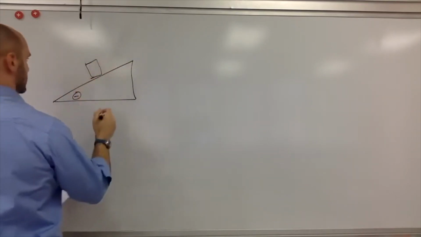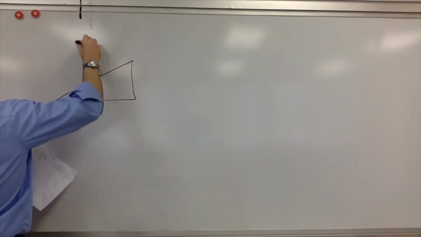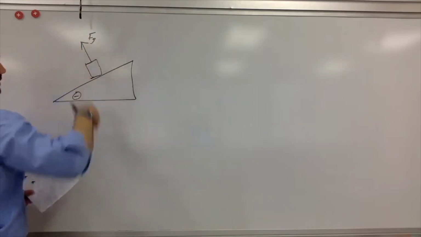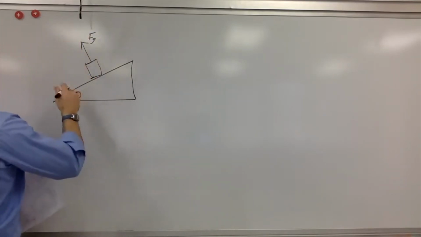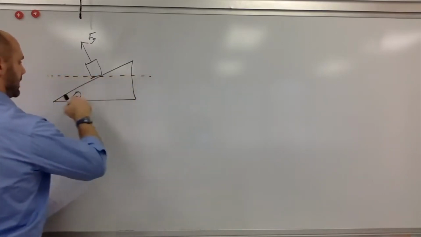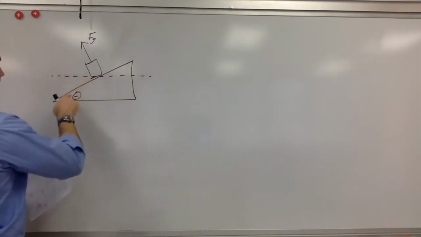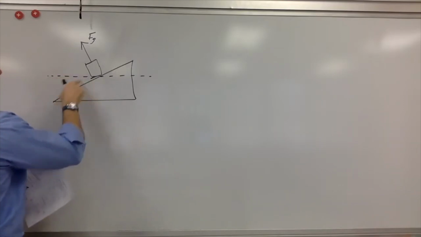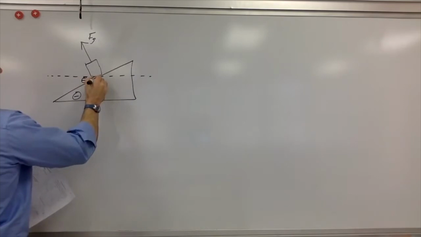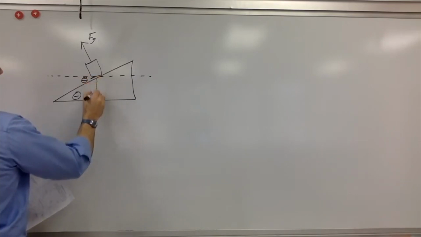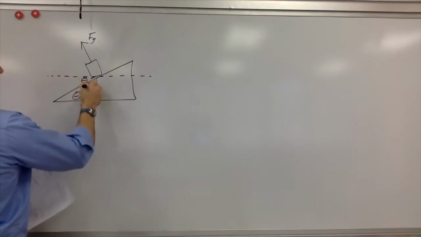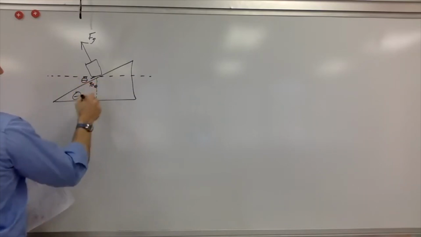So I want to know, this normal force will be equal to Fg times something, sine or cosine of the angle. Well, if I draw a line here that is parallel to the bottom, then these are alternate interior angles. So this is also theta, right? And then I can draw a line downward. And so if this is theta, this angle here is 90 minus theta.